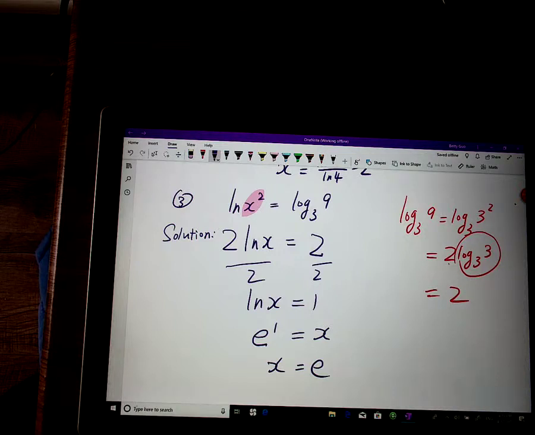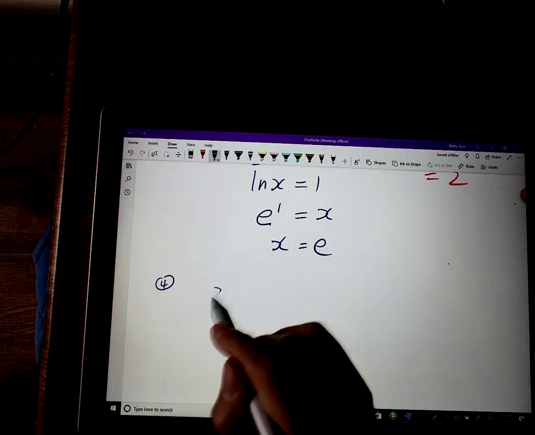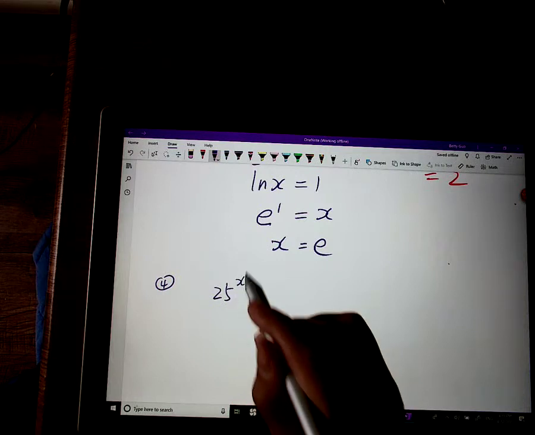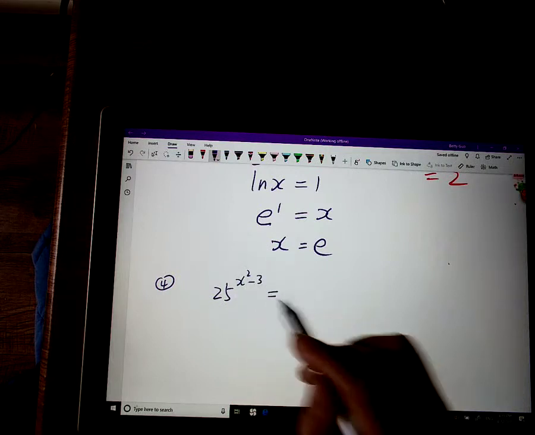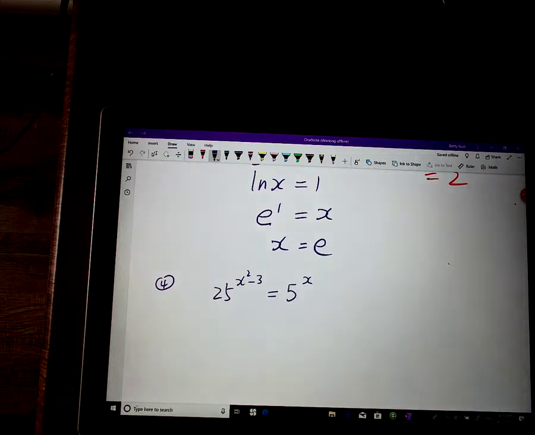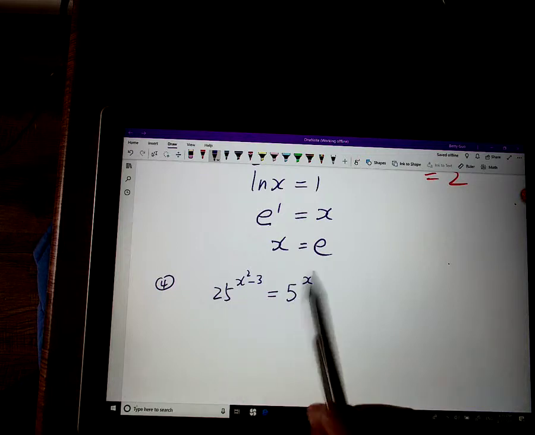Number 4. Given equation is 25 to the power of x squared minus 3. On the right, we have 5 to the power of x. You know, this equation actually is an elementary exponential equation because we are able to rewrite both sides as powers of the same base. I see 25, I see 5. 25 is the square of 5.